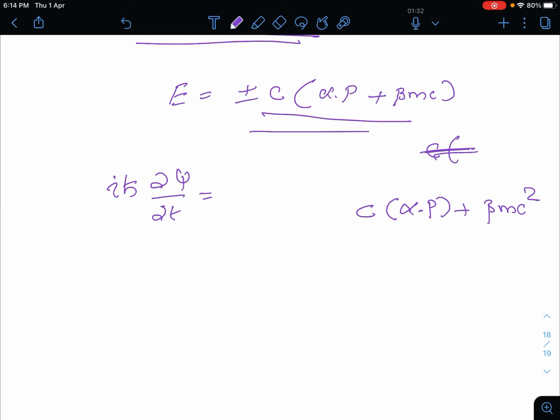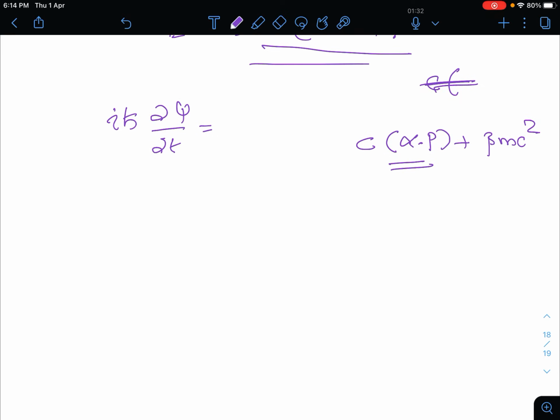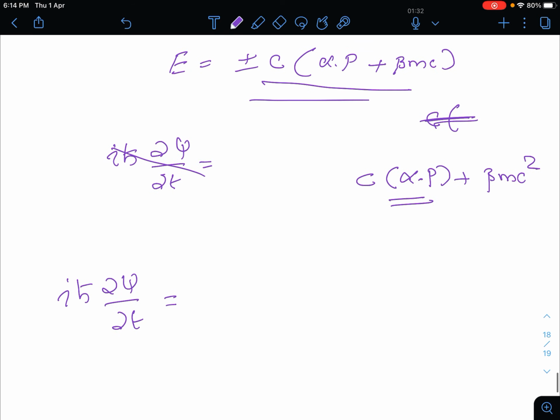So now P I can replace with the operators. So okay, so i h cross dou psi by dou t, left hand side, is equal to P. P യുടെ ഓപ്പറേറ്റർ എന്തായിരുന്നു? മൈനസ് i h cross. So minus i h cross, some c is there.